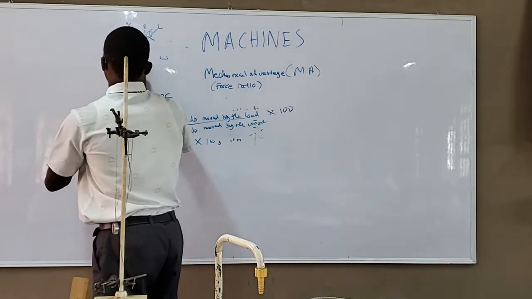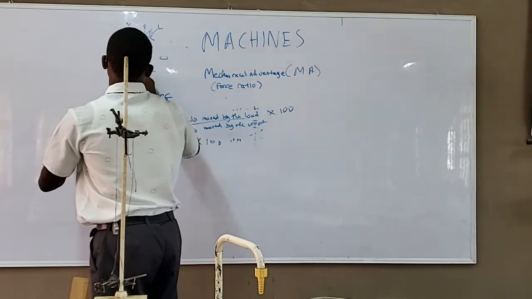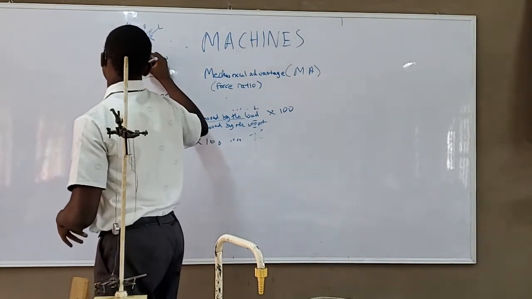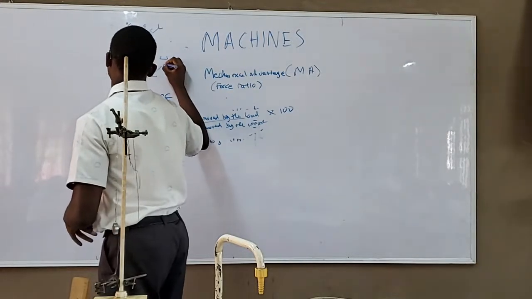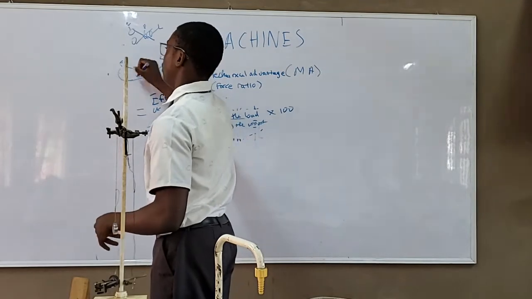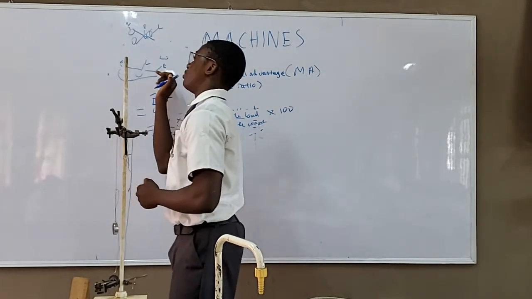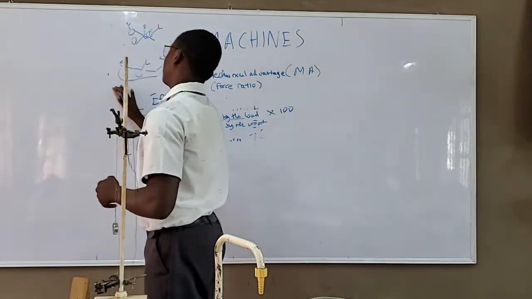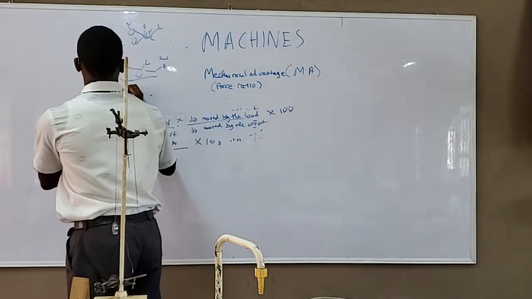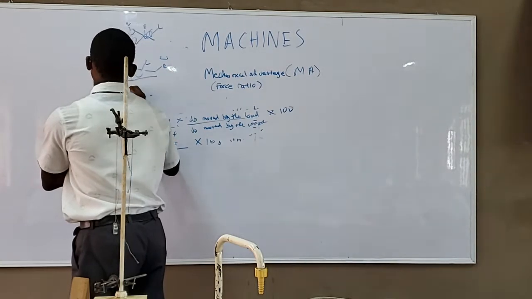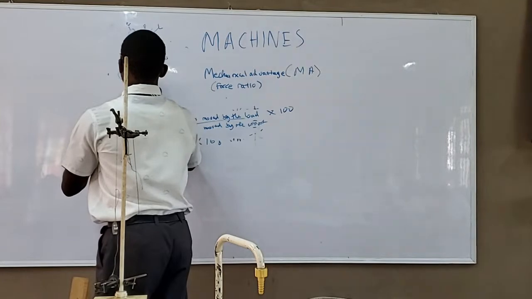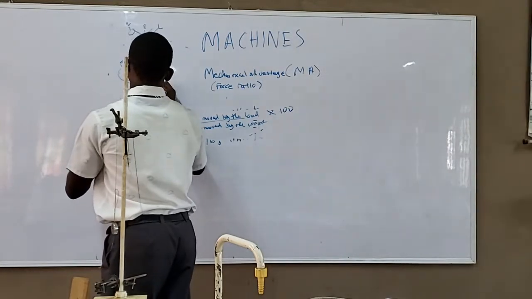Your load is here, your effort is here, and this is your fulcrum. When you apply effort here to break the knot in the center, that is the application of the second type of lever. For the third class of lever, an example is tongs: your fulcrum, your effort, and your load.